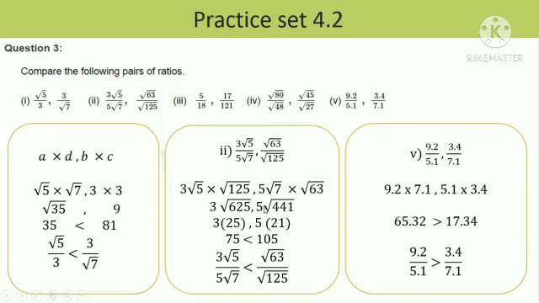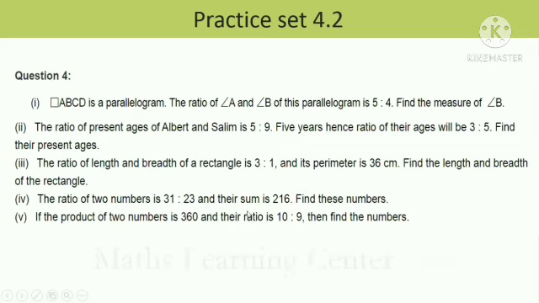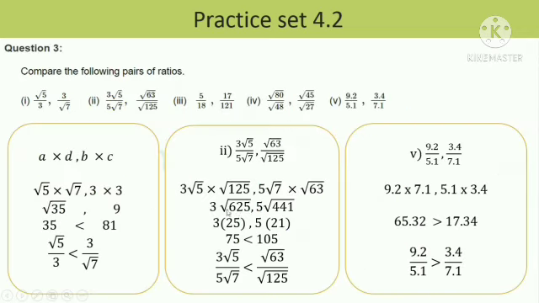Similarly here 5 into 7 into root 63, that gives us 441. 625 is the square of 25, so after taking square root we'll get 25, and here square root of 441 is 21. After multiplication we'll get 75 and 105. So obviously 105 is greater, it means second ratio is greater.